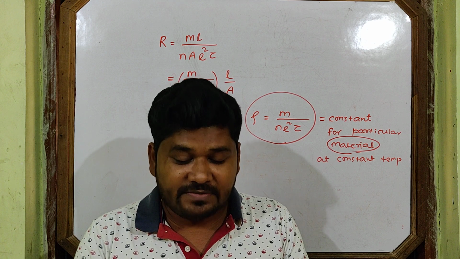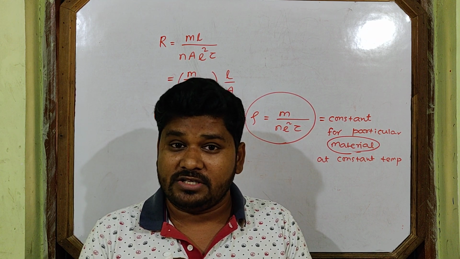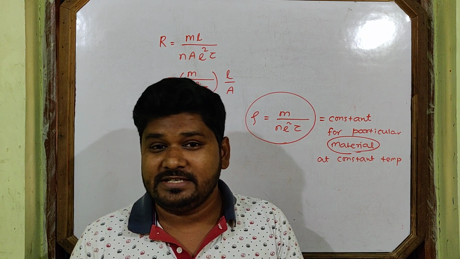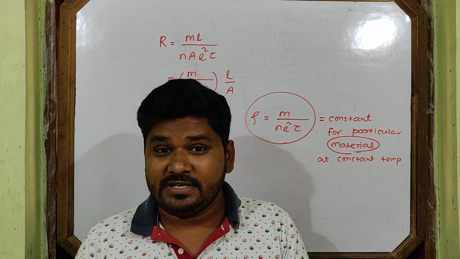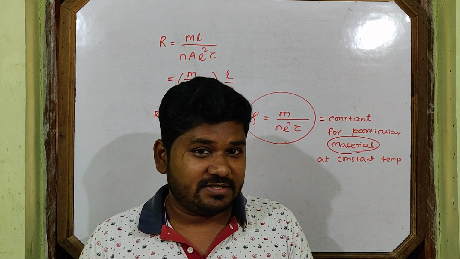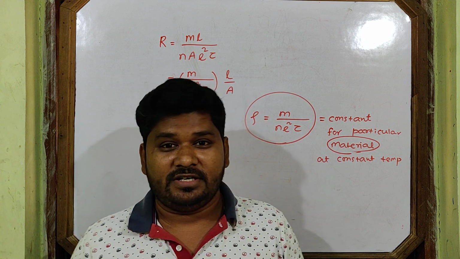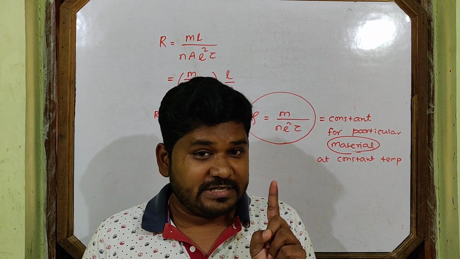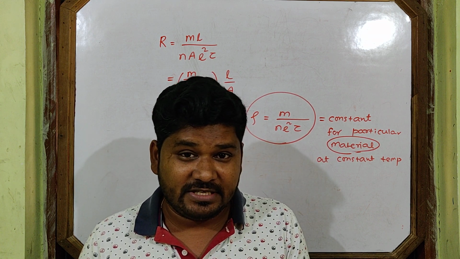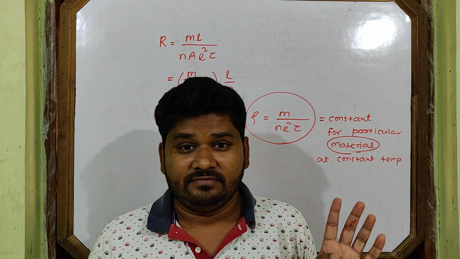Material of the conductor, geometry of the conductor, temperature of the conductor. On 3 factors resistance depends. But specific resistance depends on which factors? 2 factors: material of the conductor and temperature of the conductor. Geometry is out. Remember, specific resistance or resistivity doesn't depend on the geometry of the conductor.